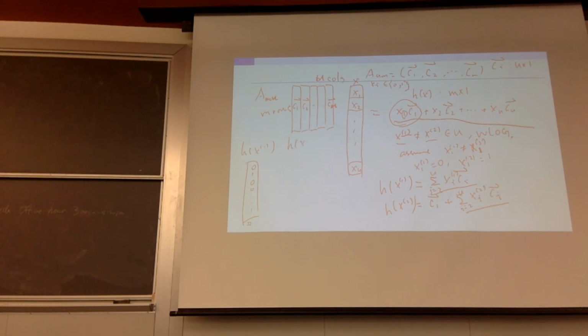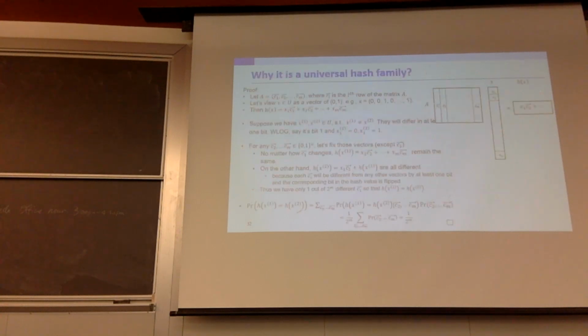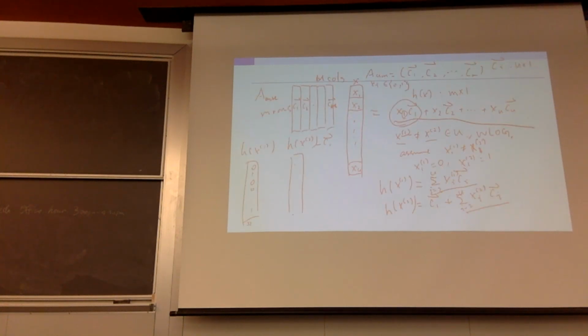And h of x2 minus c1, that's the second part, is going to be some other combination. It's not the same one. Let's assume it's like this.